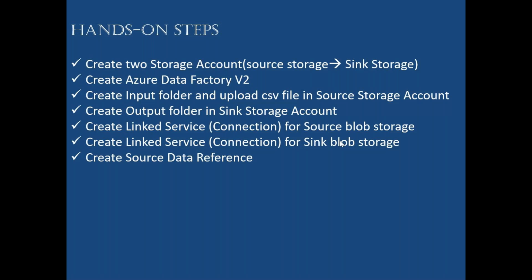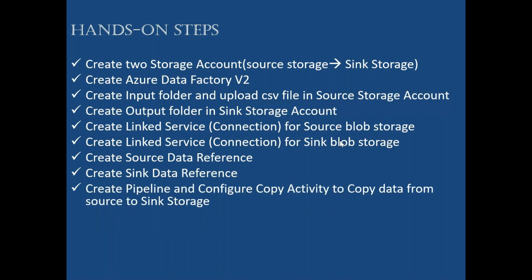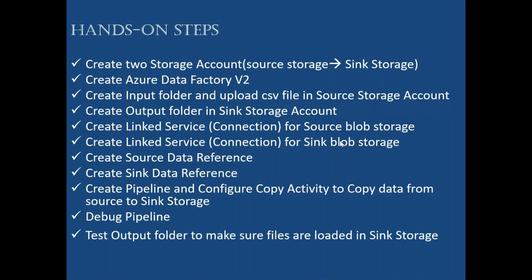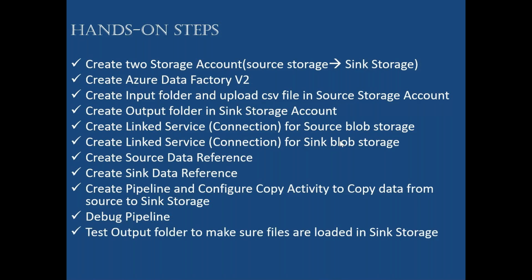Then I create a source dataset and a sink dataset, which are the two datasets. Create a pipeline and configure a copy activity to copy data from source to sink storage. I'll show you everything. Finally, you need to debug your pipeline and test whether the output folder has got the required files or not. These are the hands-on steps, team.